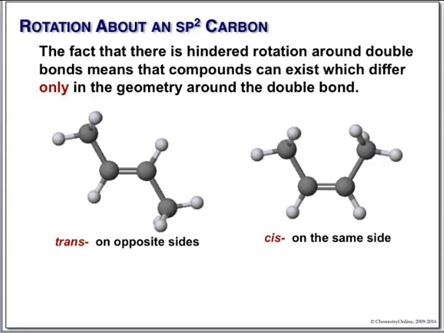Now I say that they don't interconvert because they can't, but in fact they do, of course. In fact, the chemistry of vision: you have retinal in your retina. It's a long compound with lots of double bonds. They are cis double bonds.